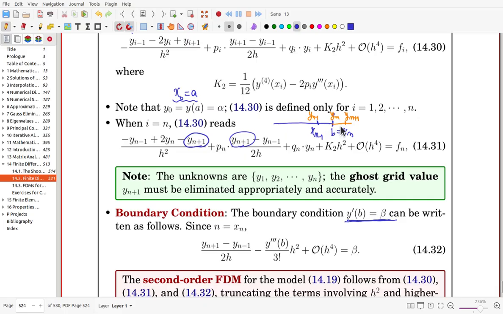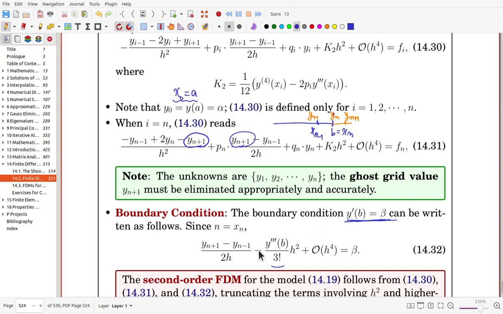Now, the distance is 2h, divided by 2h. That is now a second order term and a fourth order term, and equals beta. That is a standard central finite difference scheme for the first order derivative.